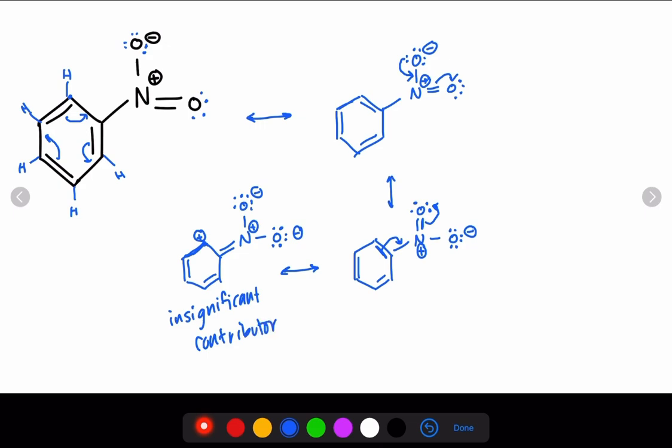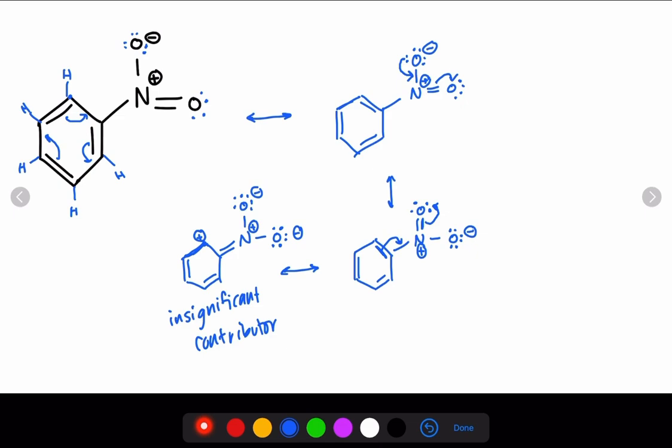And the other 3 seem to be equally contributing to the molecule, and they are significant contributors because they are the best that we can do in this scenario. All the atoms have a full octet, and the charges are minimized, and the negative formal charge is on the more electronegative atom, the oxygen, as opposed to the nitrogen.